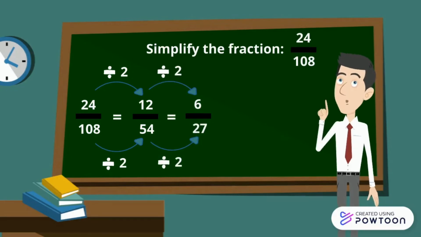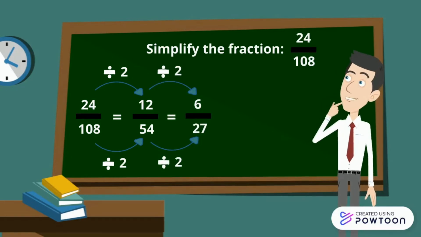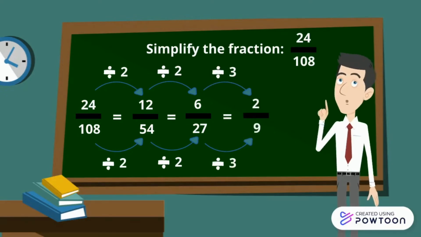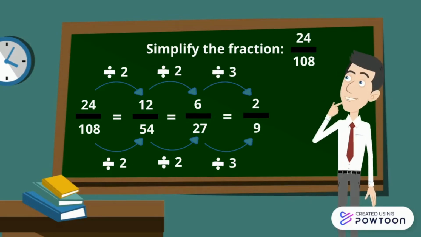Now we can't divide it with 2, but we can still divide it with 3. So 6 over 27, we divide 6 with 3 and 27 with 3, and we got 2 over 9. Now we can't divide the fraction with anything except 1. So the simplest form of 24 over 108 is 2 over 9.